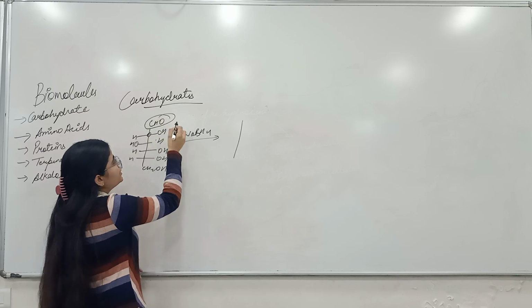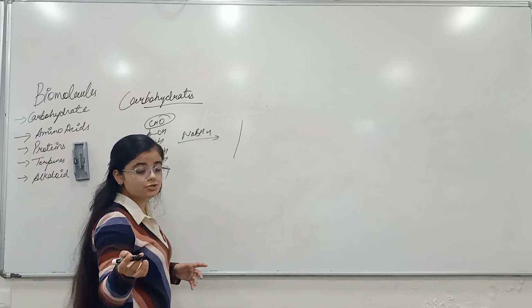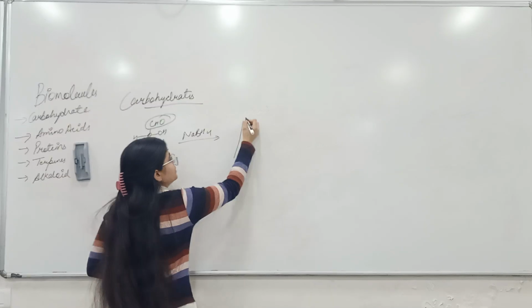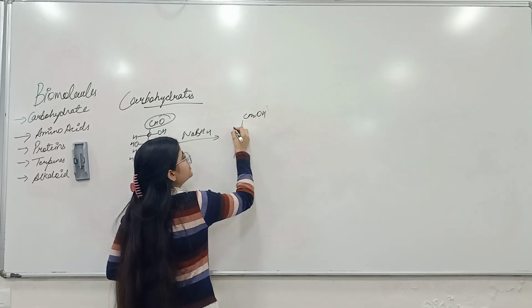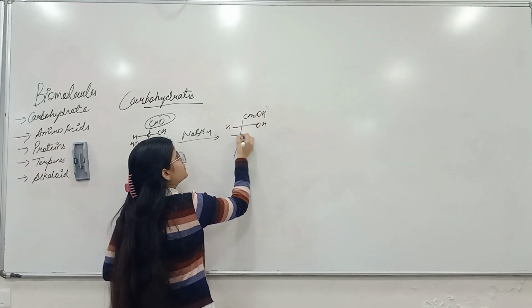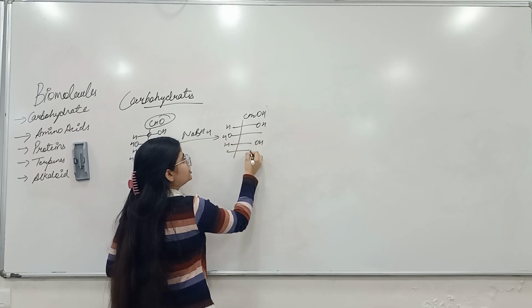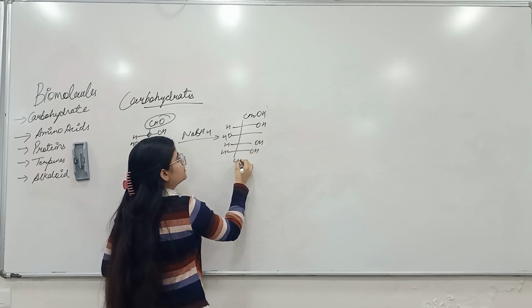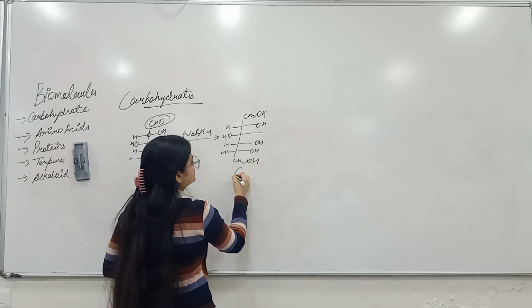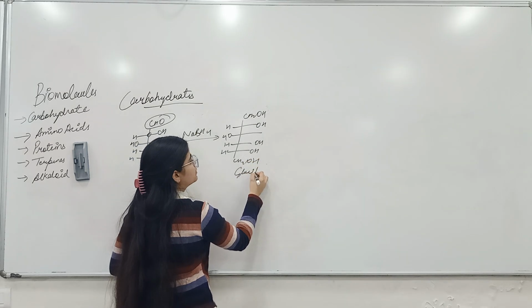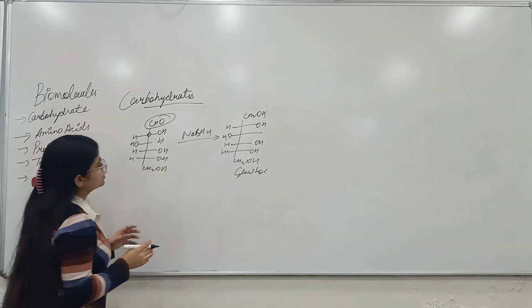This aldehyde unit is getting reduced to alcohol. It is CH2OH here, keeping other stereocenters in the same configuration. This is glucitol.